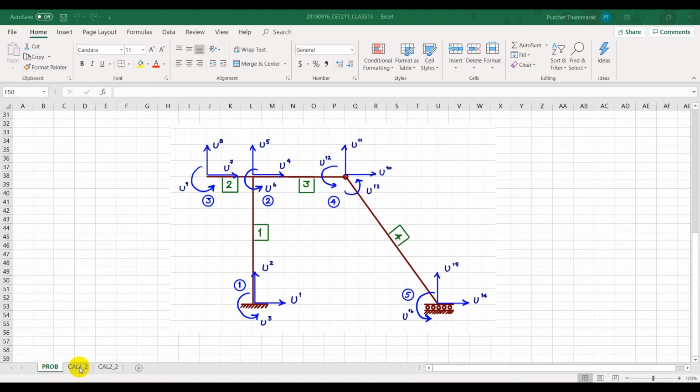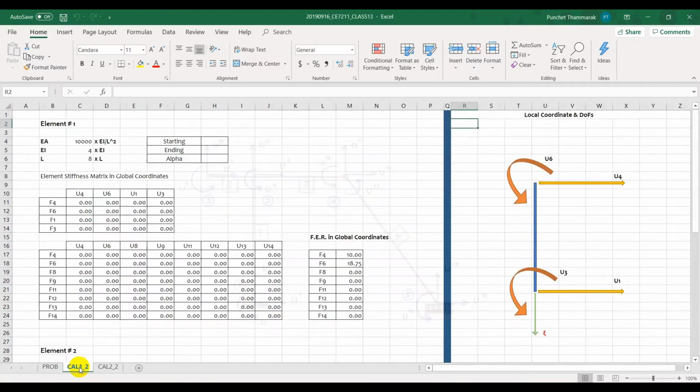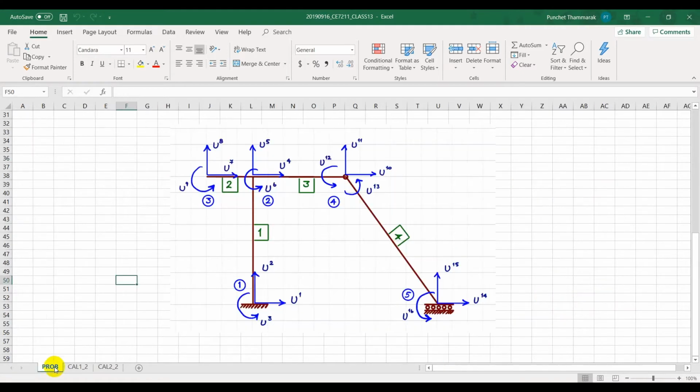For calculation one, here I came to this spreadsheet. In order to make the stiffness matrix, if you look at this problem, you can see that members number 1, 2, and 3 are aligned with the y-axis and the x-axis.